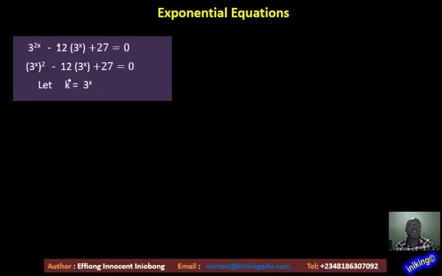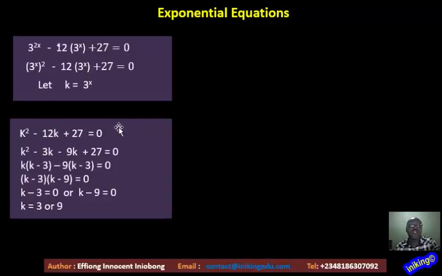That's exactly what I have here. First, I've reduced this to 3 raised to the power x all squared, because x times 2 will give me my 2x back. I've not touched this side at all. Now, I've replaced my 3 raised to the power x, which is consistent across the equation, with k. And replacing it with k, I obtain this equation.